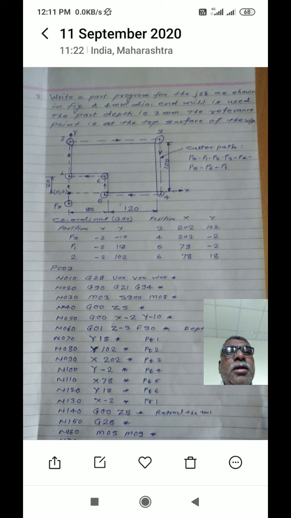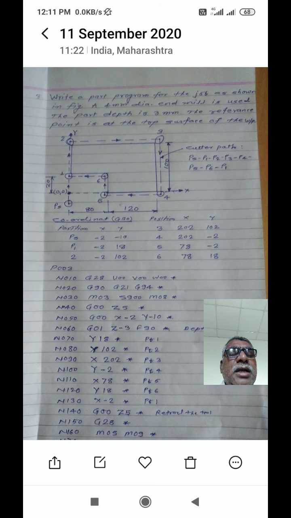Then you can directly move the tool from point 1 to the machine home position with code G28. That is during the block number N150, you have to just write the code G28, end of the block. Your tool will reach the machine home position during the block number 150. Is it okay?